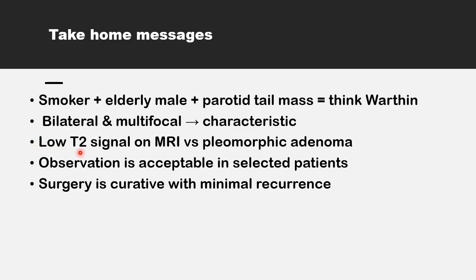A low T2 signal on MRI scan would also help in establishing the diagnosis and differentiating this from a pleomorphic adenoma, which is by far more common. Observation and conservative management of the odd inflammatory episode is acceptable in selected patients, and surgery is curative with minimal recurrence and few morbidities.